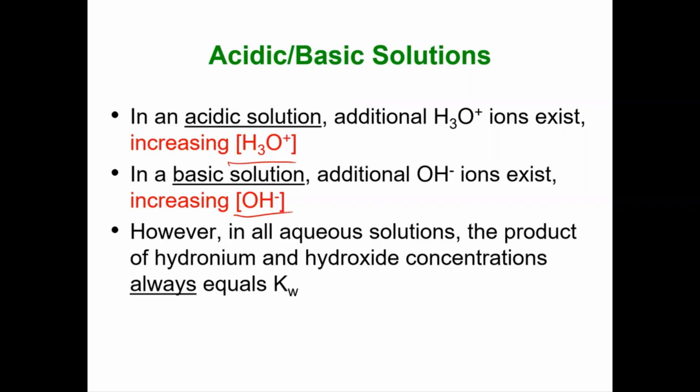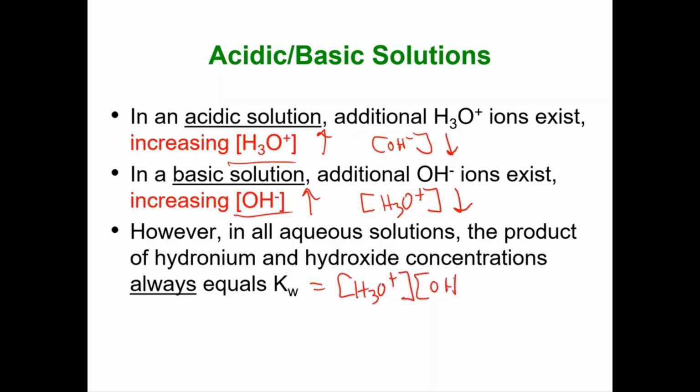So even though these go, if this goes up, my hydroxide we saw must go what? Down. If hydroxide goes up, my hydronium goes down. Why? Because both of them have to equal Kw when you multiply them. So they are inversely related.